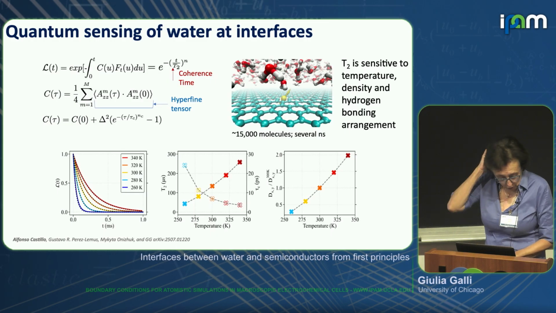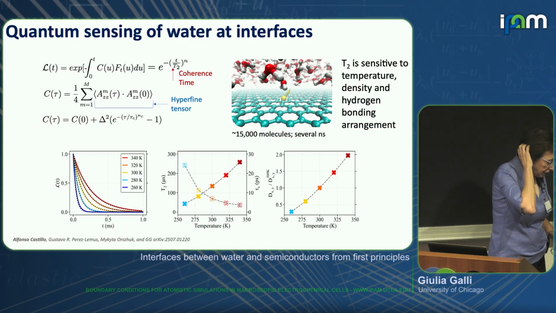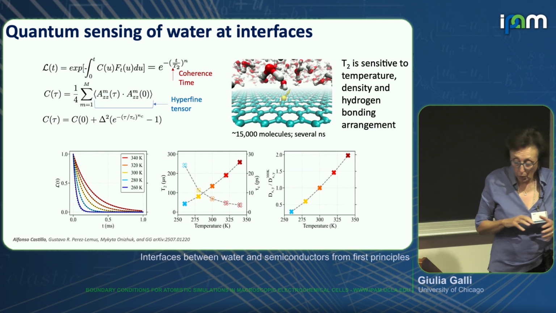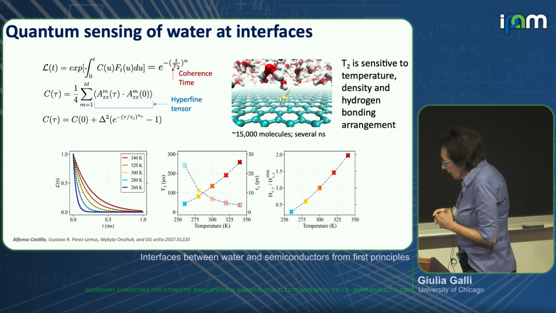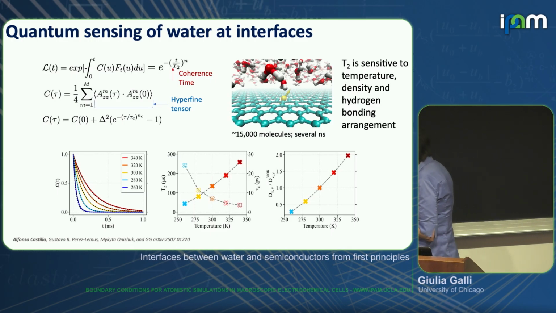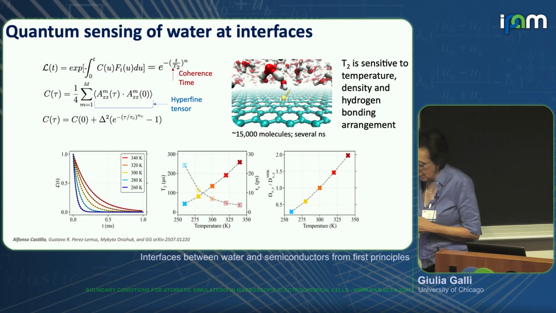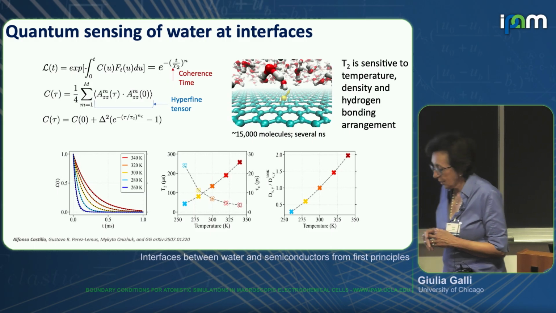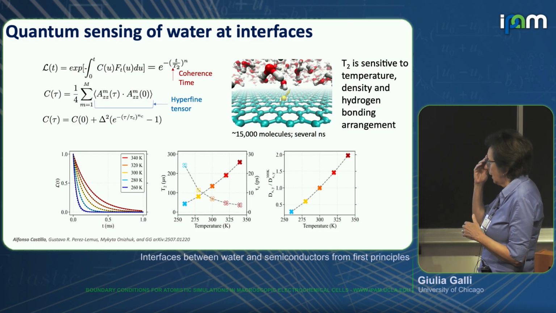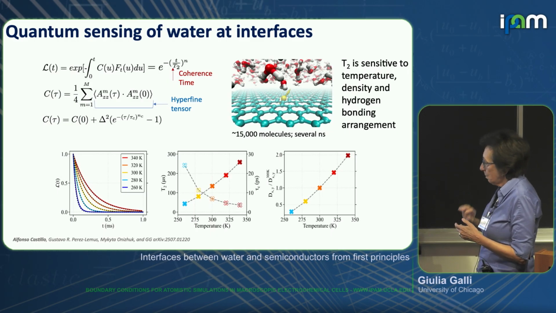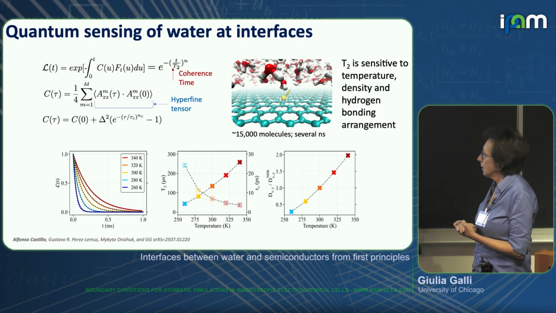Last thing that I want to say, and this is something that we are incredibly excited about, is another way of probing interfaces, and this is to do quantum sensing. So let me try to explain the idea, and then I will explain what this correlation function is.